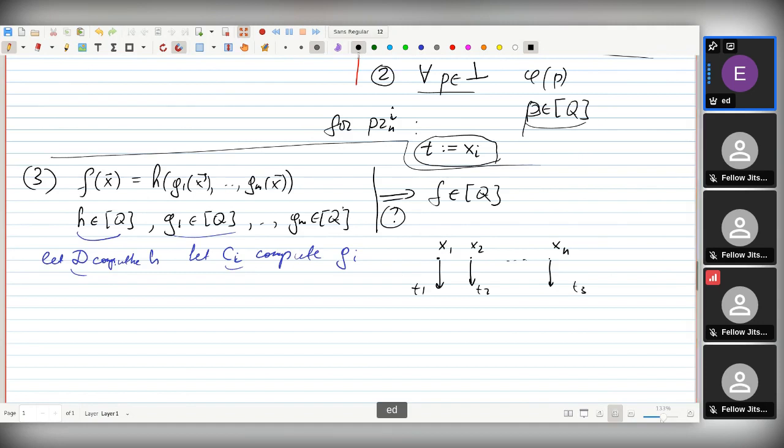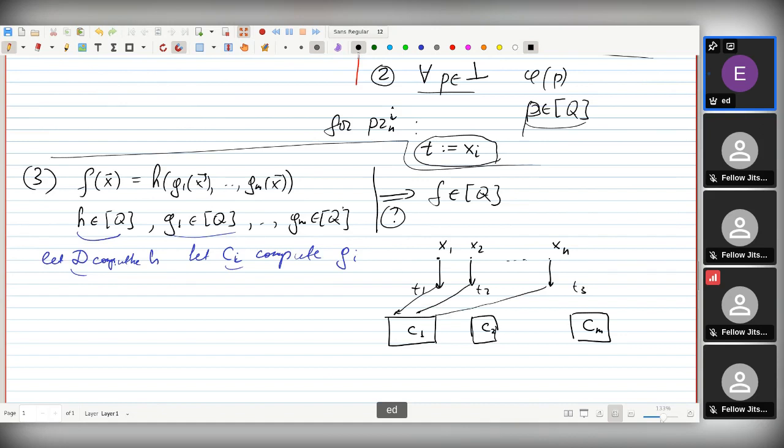So let us assign T1 to X1, X2 to T2, and so on. Now let us compute first all these G's. That is, we will copy paste here our circuits for G's.